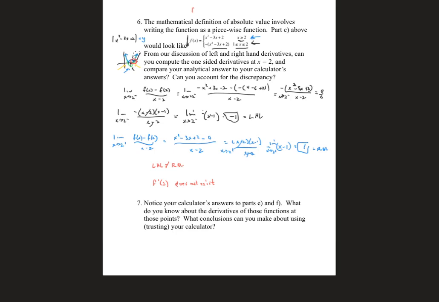It's using f of 2 plus 0.001 minus f of 2 minus 0.001, all over 0.002. And when you do that with this function, you're going to get 0.001. But we know that is not correct.